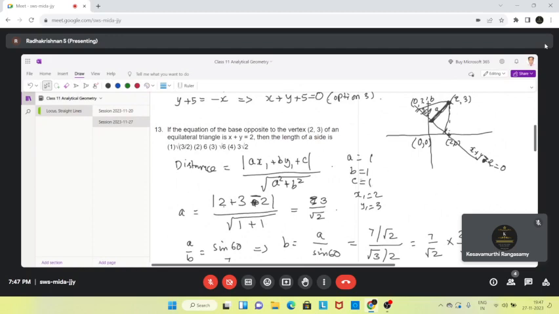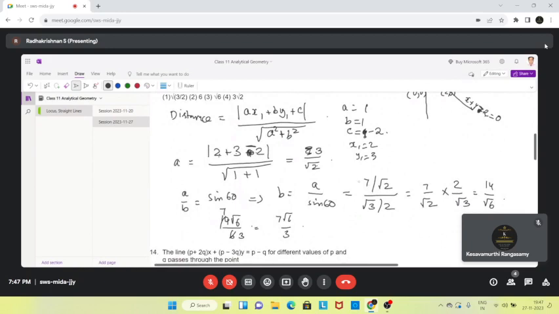In this case, c equal to minus 2. A is 1, b is 1, c is minus 2. So a plus b plus c whole divided by this. So this is going to be, instead of 7, it is 3 divided by root 2.